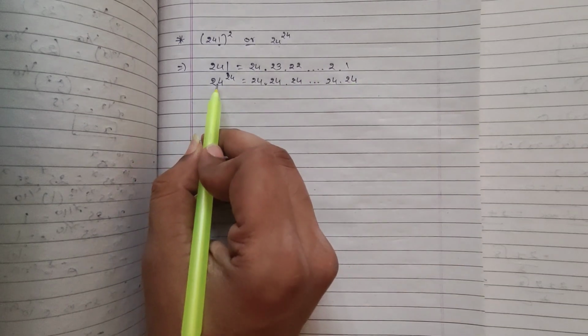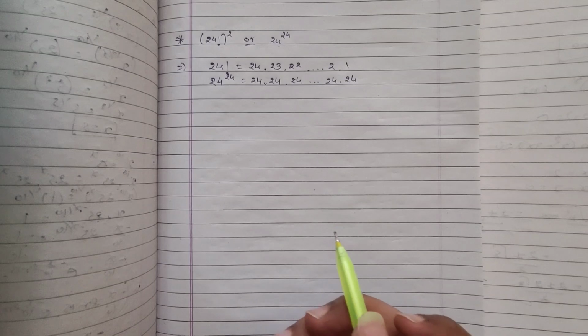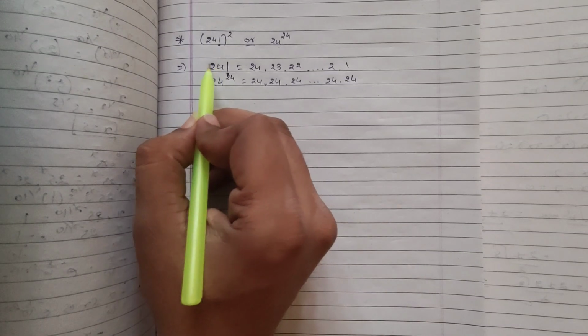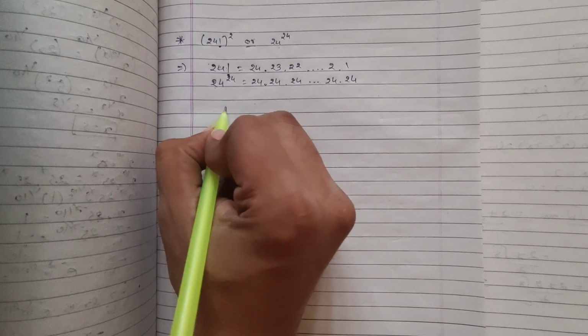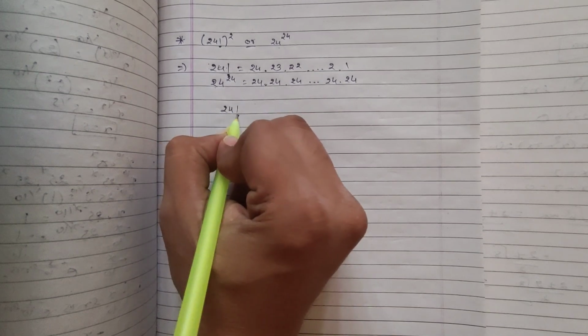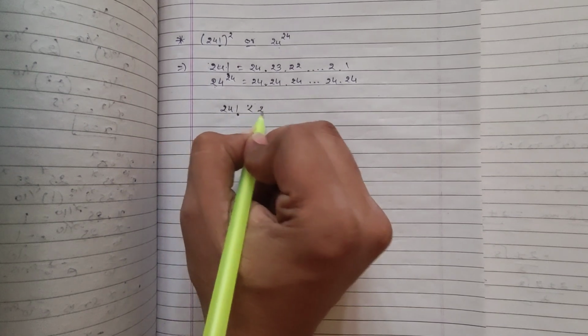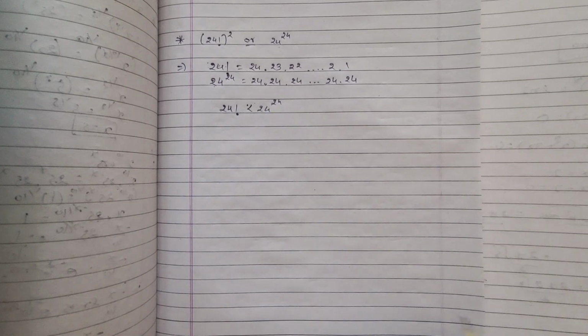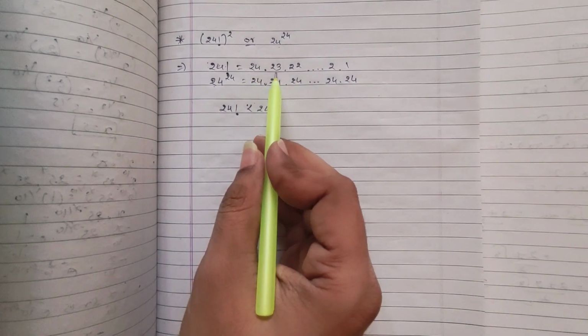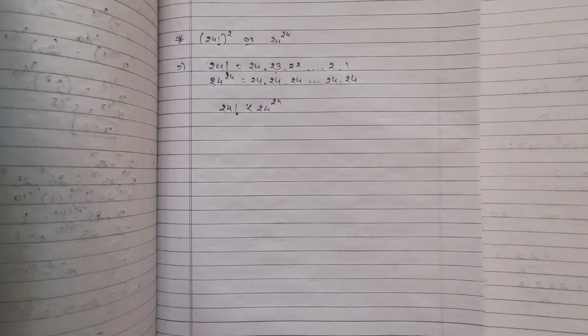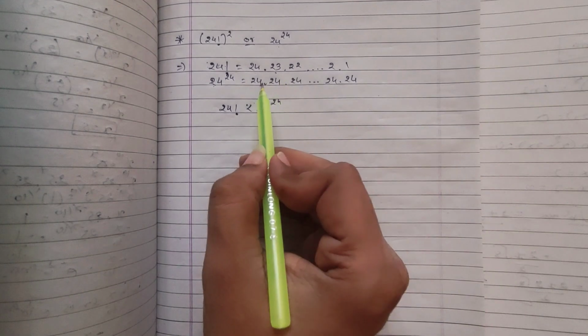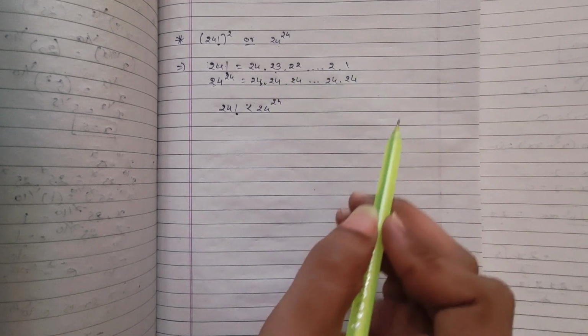We have to multiply 24 times. So now if you compare only 24 factorial and 24 raised to 24, then I can easily say that 24 factorial is less than 24 raised to 24, obviously, right? Because here I have 24 into 23 into 22, and downside I have 24 into 24 into 24, and obviously this number is always bigger than this number, right?